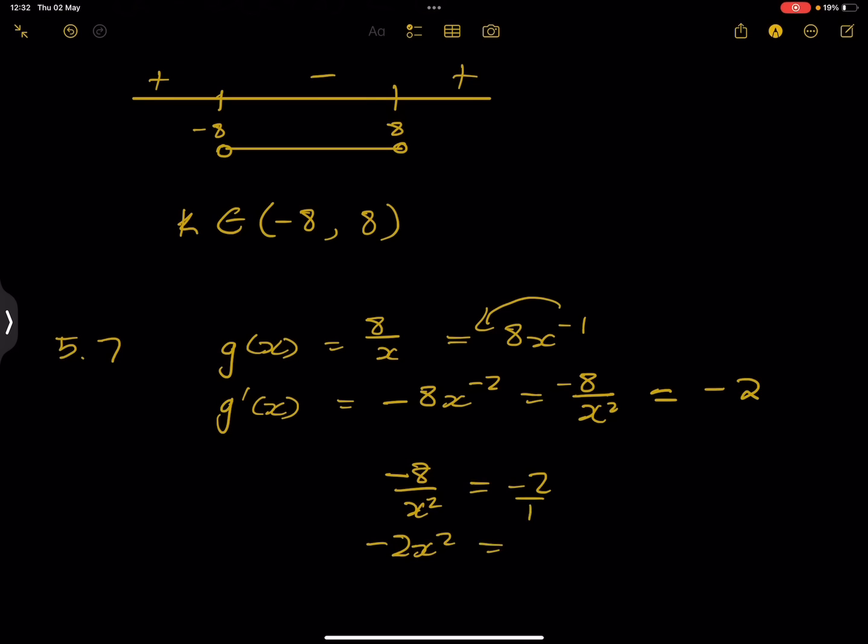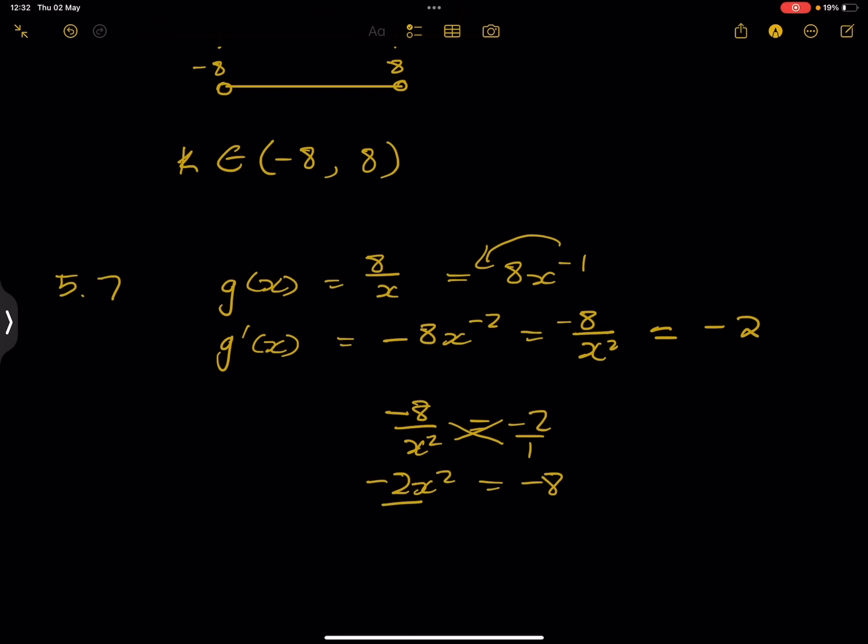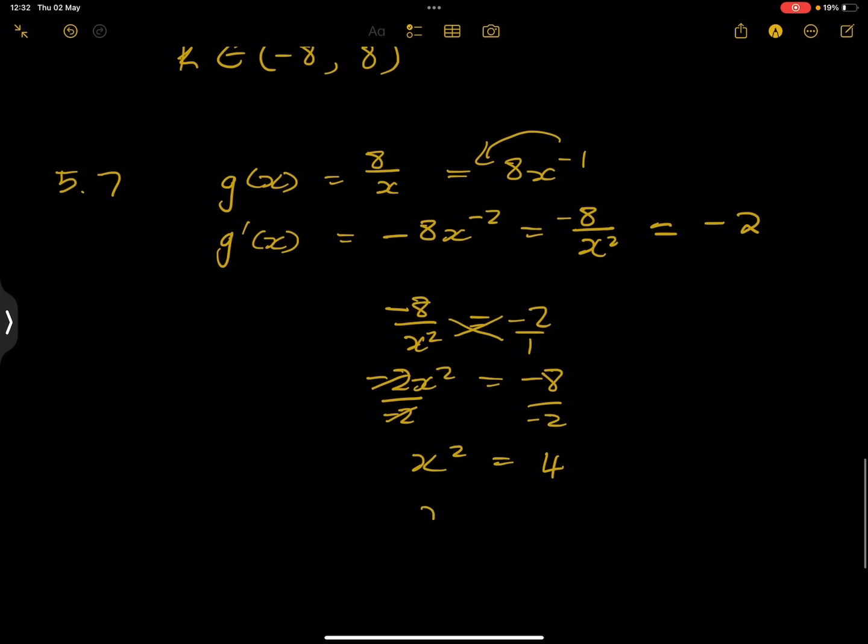Remember this is over 1 and I'm cross multiplying. -2x squared is equal to -8, and divide by -2 on either side. I've got x squared is equal to 4, and so x is equal to plus or minus 2, the square root.